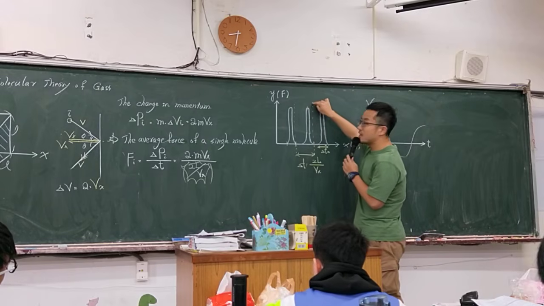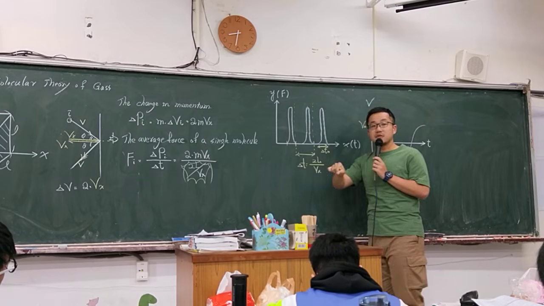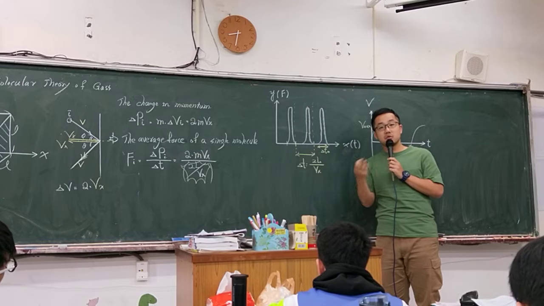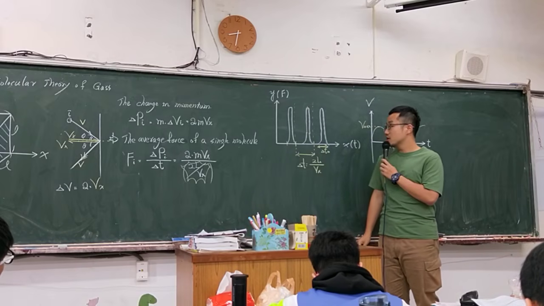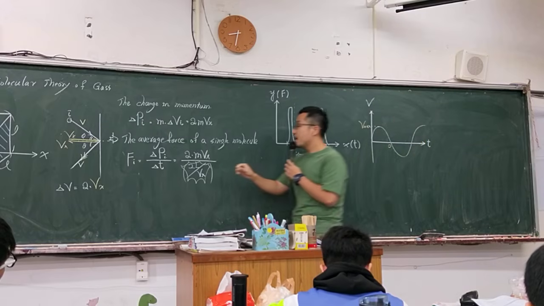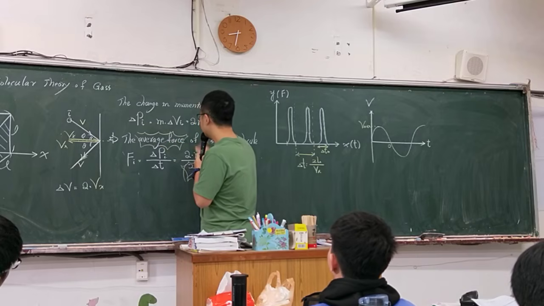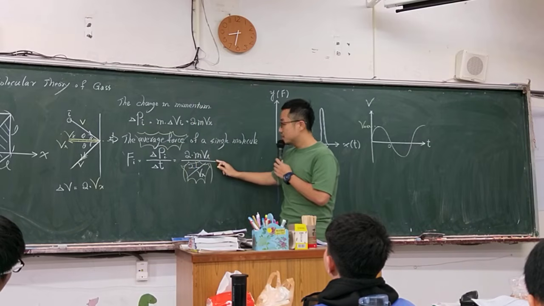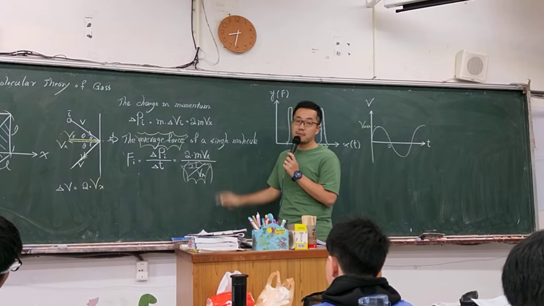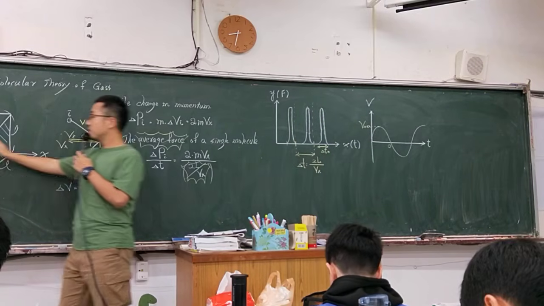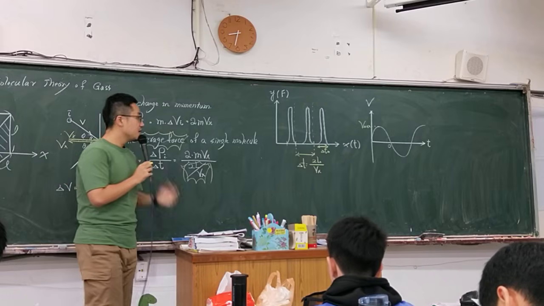But during the time gap, the pressure inside this container is still the same, a static value. So in order to derive the average force of a single molecule, the changing momentum should be divided by the time gap, the time for the molecule to travel back and forth inside this container.